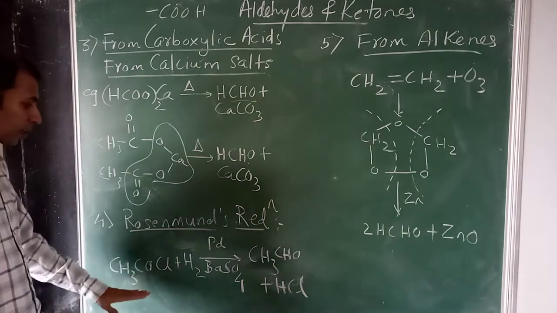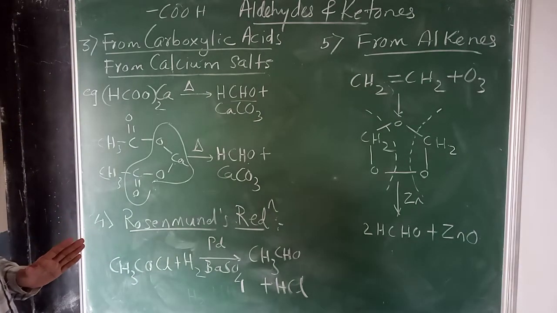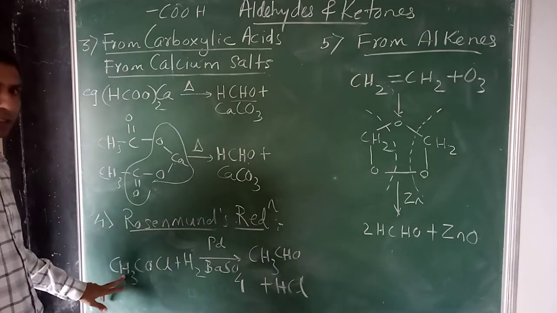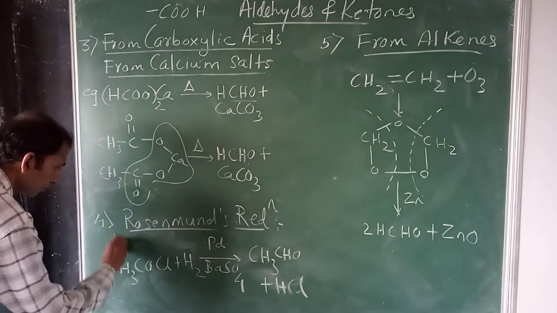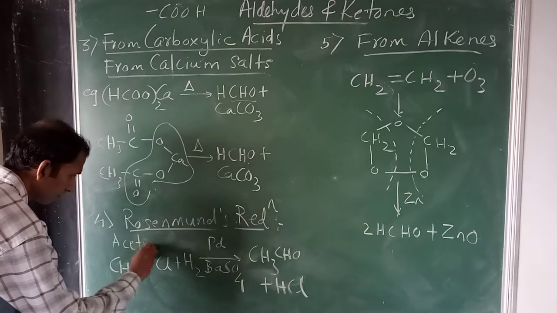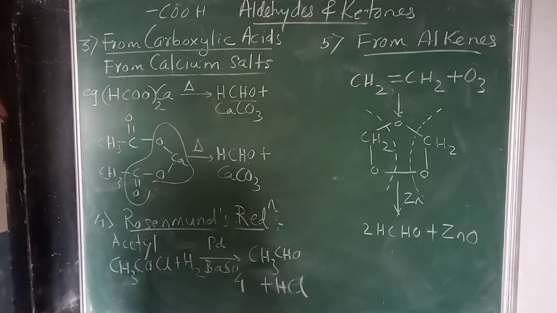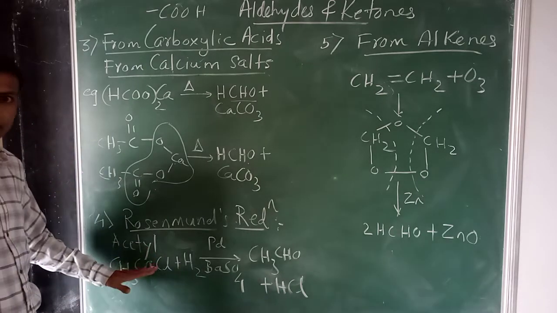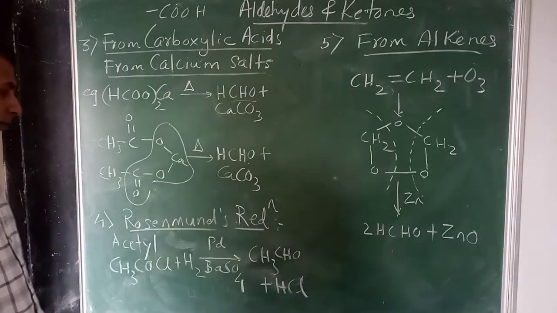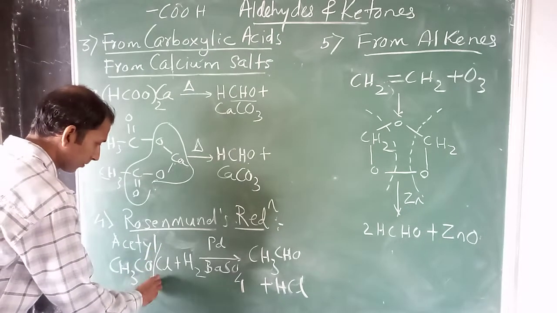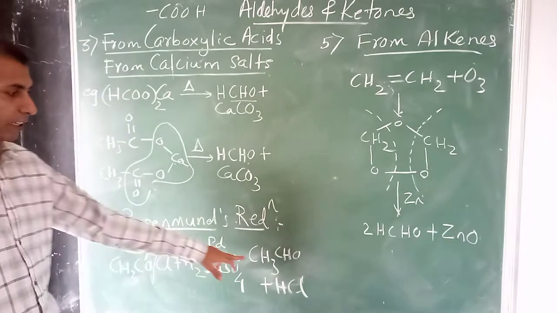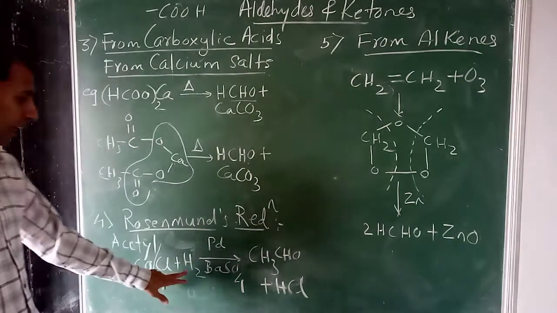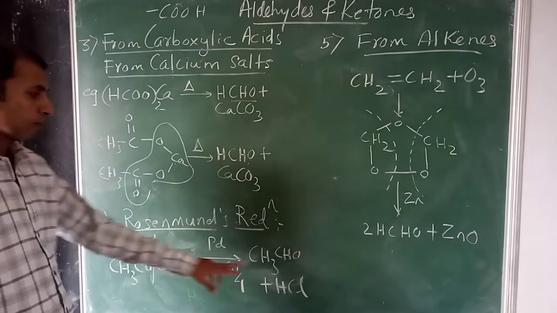Now here we have acid chloride. The acid chloride we are using here is acetyl chloride. The bond breaks here. One H gets added to this group and you will get CH3CHO, and the one H which is remaining here will form HCl.